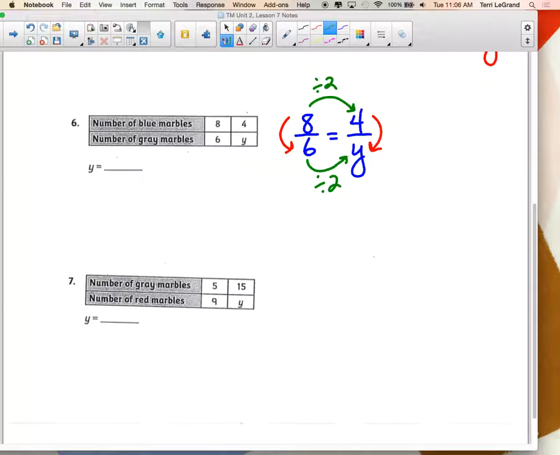So our equation with a y in it reads what? Derek, what's our equation? 8 times 4. Or not 8 divided by 4. Where the y is in that setup.